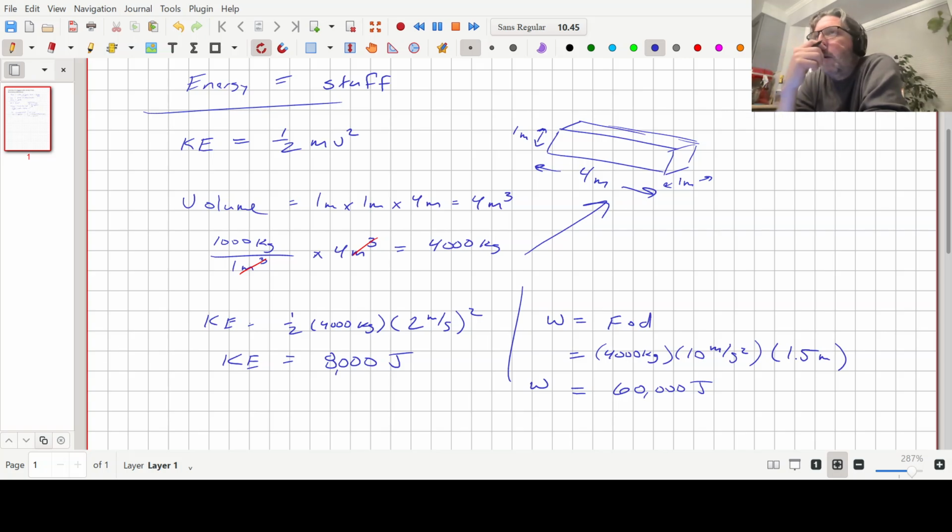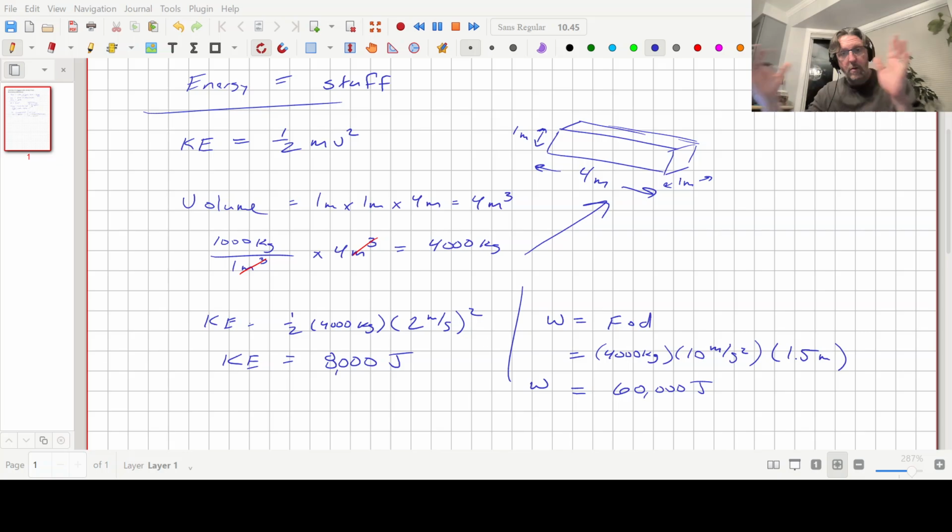So then I have to think about, well, how much water am I getting every second? Because I was imagining this rectangle that's 1 meter by 4 meters by 1 meter back from the edge. That's how much energy that rectangle has if I drop the whole thing.